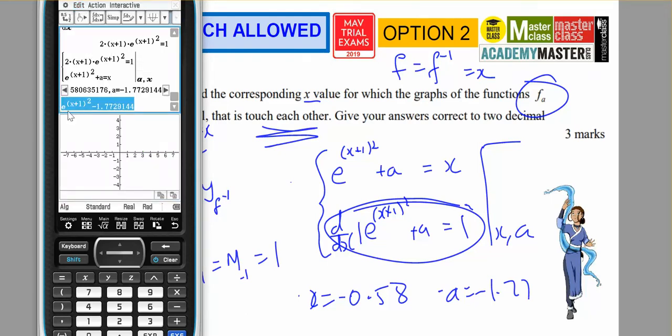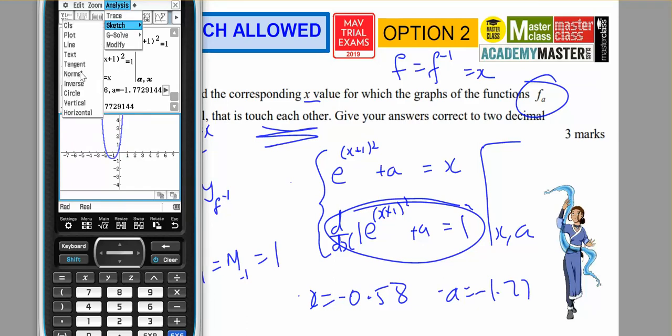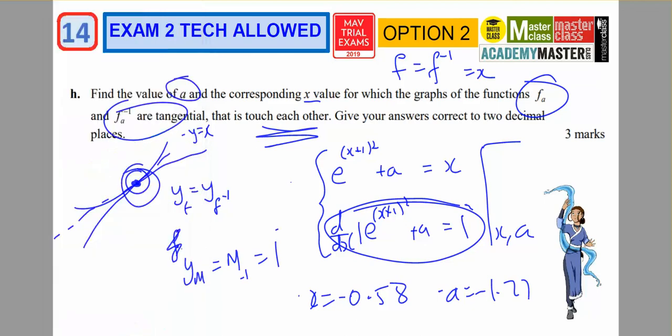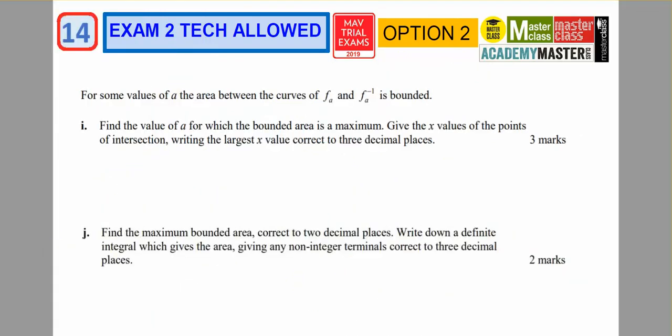And I take this graph and then I sketch its inverse. It should just touch, and it does. Beautiful. And at that point where it touches, the gradient will be 1. Okay? And then lucky last, so we have the function, we have its inverse, and it's bounded.